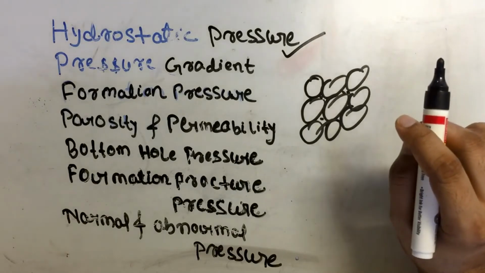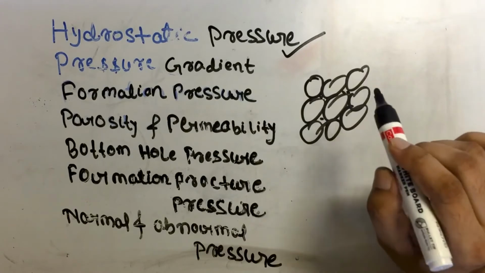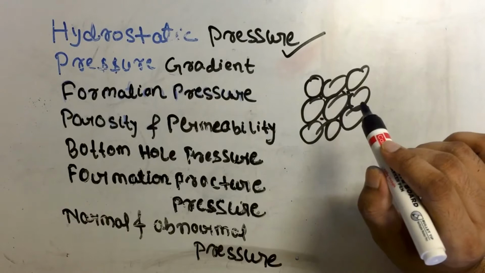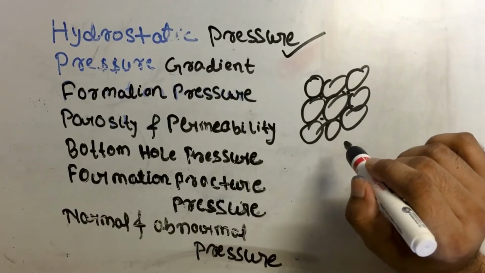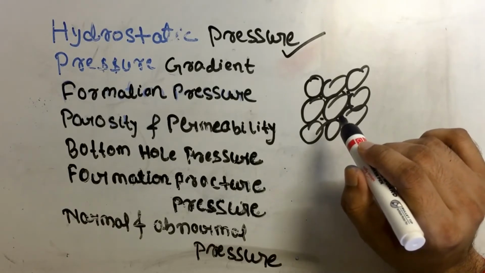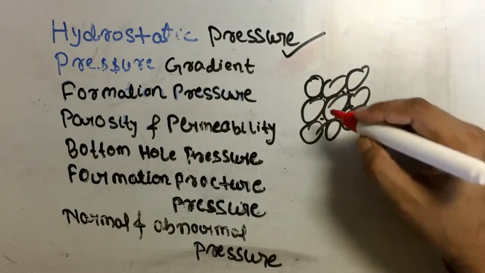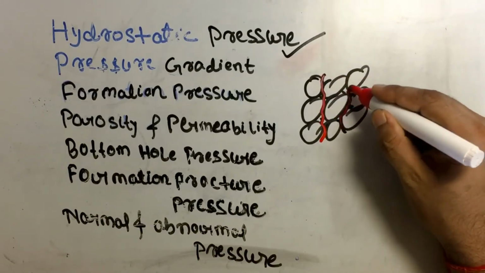And what is permeability? Permeability is a measure of the ease with which the fluid will flow. In other words, how much fluid the space between the grains allows to flow is known as permeability.